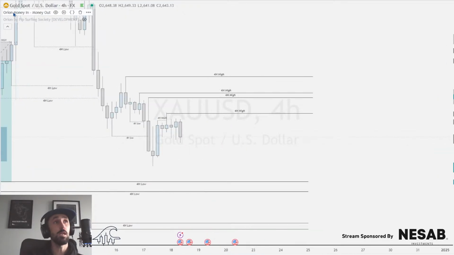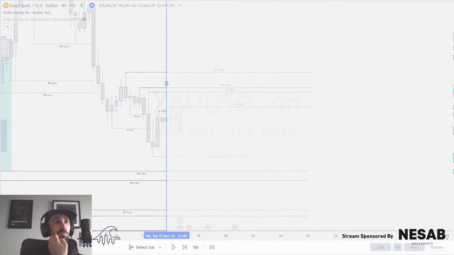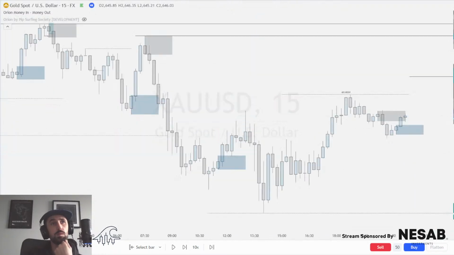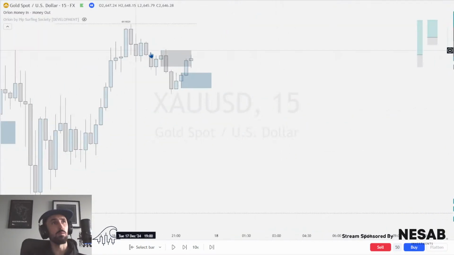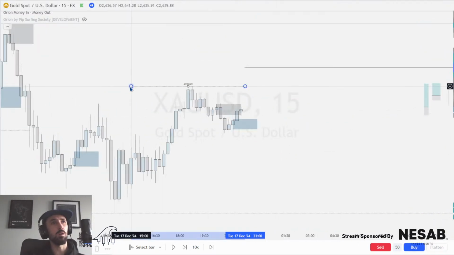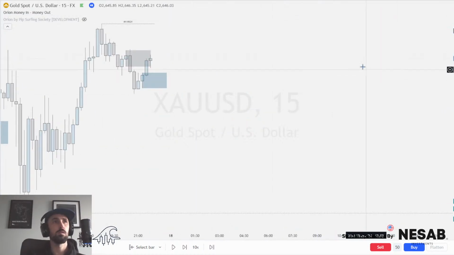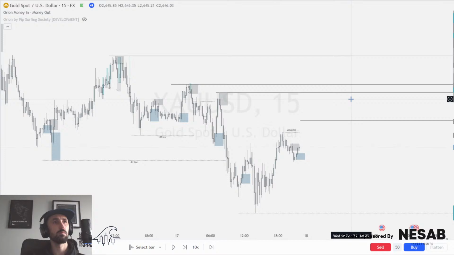Let's see if there was a trade given for gold. Now, what I am going to do is rewind because it's only fair that we look at it with a real world perspective. So we got the money in, money out indicator on. Oh, look, there's still more high frequency stuff here, and here as well.